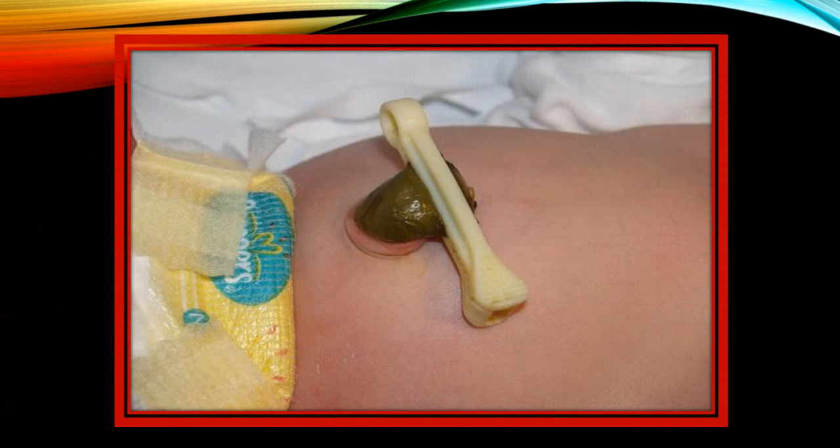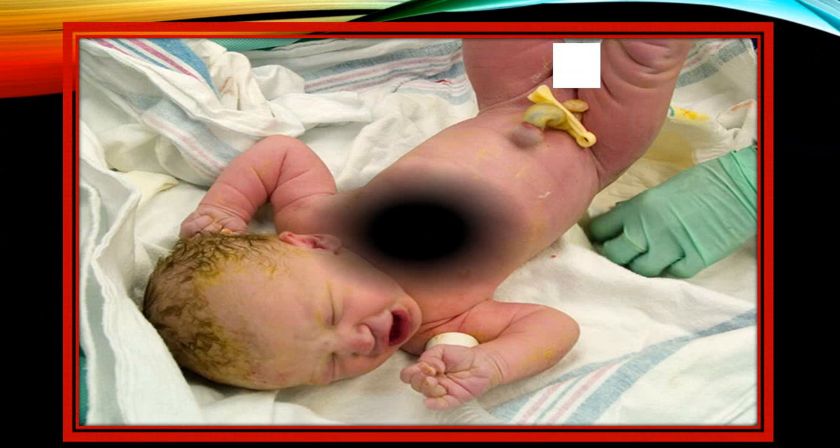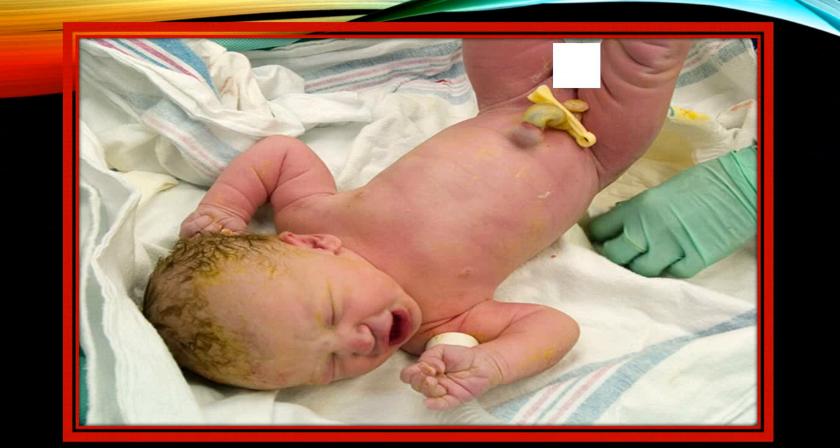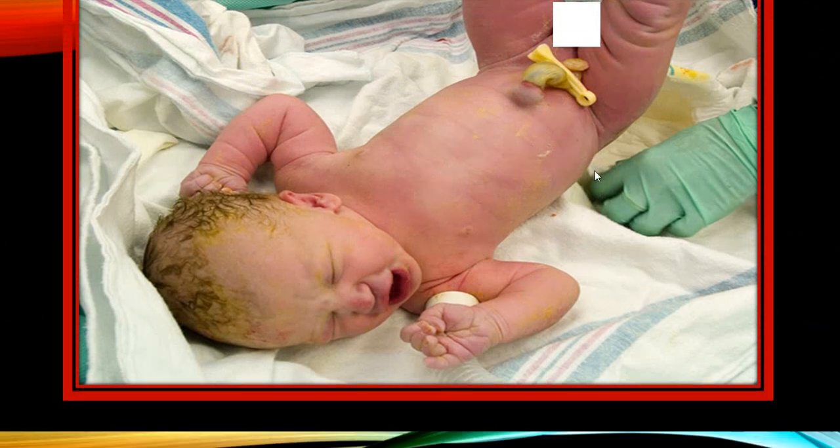The meconium staining can stain not just the nails, it can stain the umbilical cord and the umbilical stump, making it a green color. And it can involve all the body, the scalp, hair, and of course the limbs and the umbilical cord.